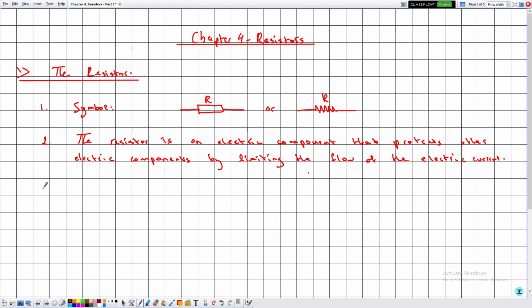Okay. Now this corresponds to the role of the resistor. So the resistor was basically invented in order to protect other electric components from burning out.